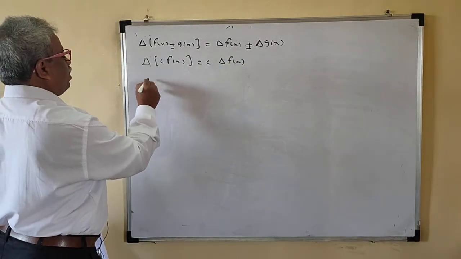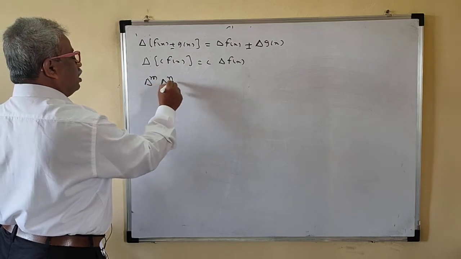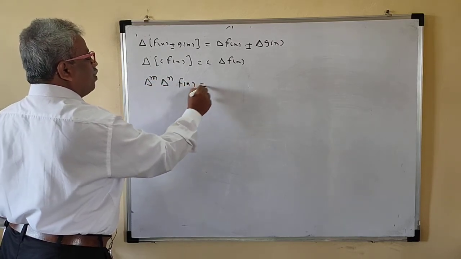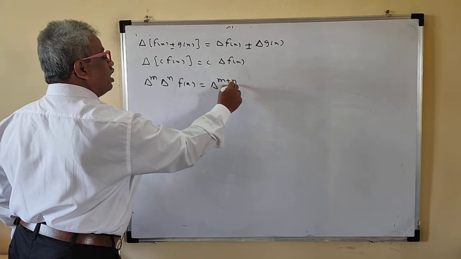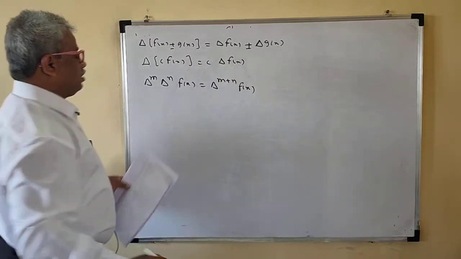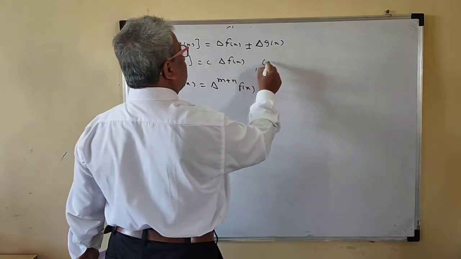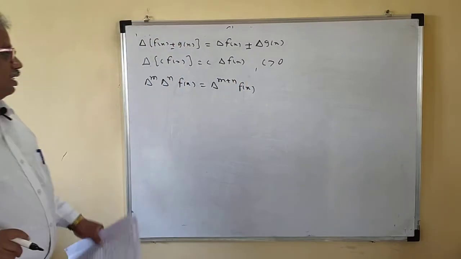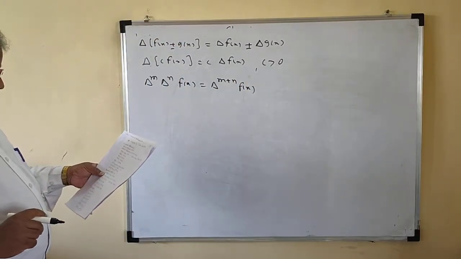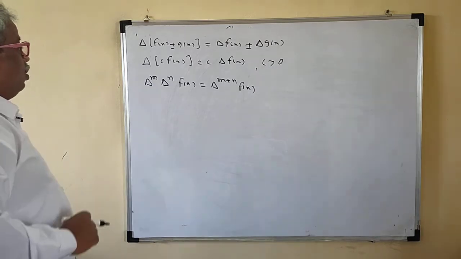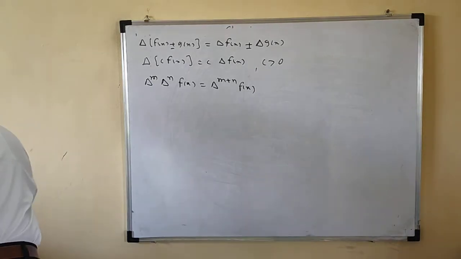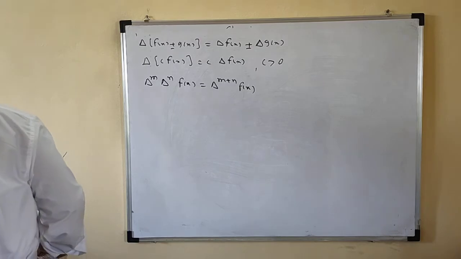Then the operator is commutative: del m del n f of x is del m plus n f of x. You should remember these formulas. So these are the important formulae for the forward difference operator.